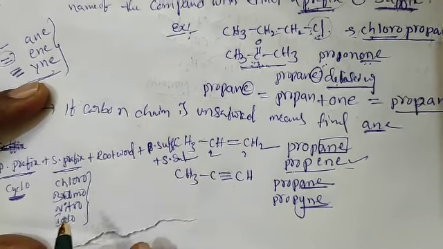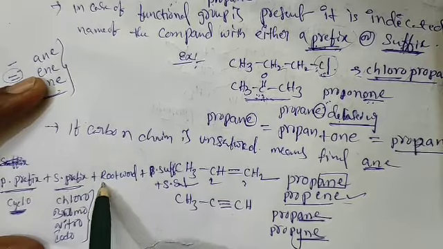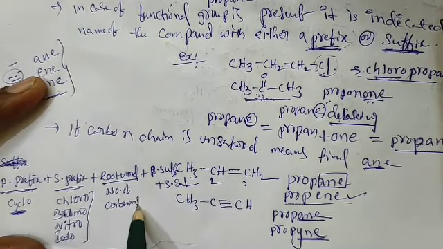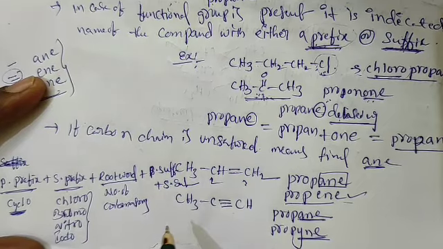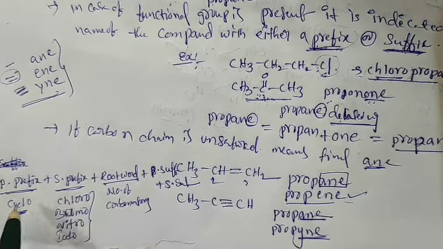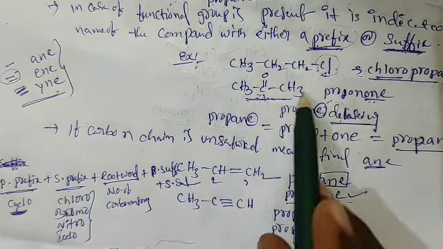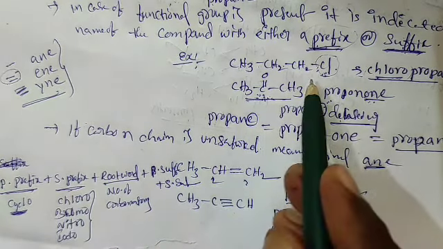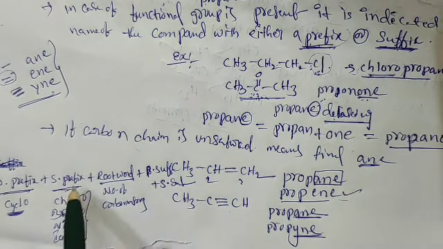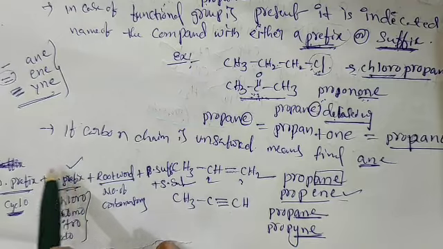Next, the root word means the number of carbon atoms. This is the naming formula. For example, if chlorobenzene or chloropropane is there, as in the last example, chloro is the first thing we take, and this is the name we give.